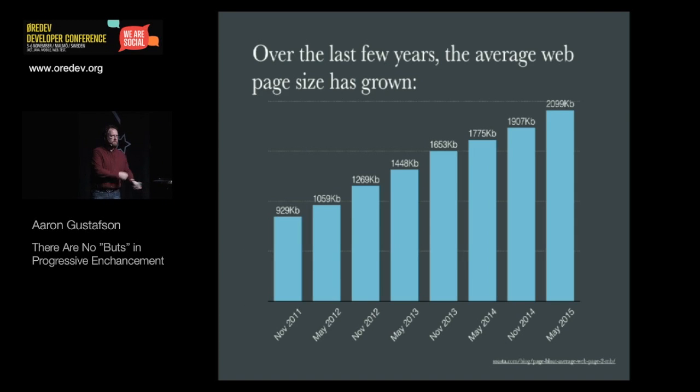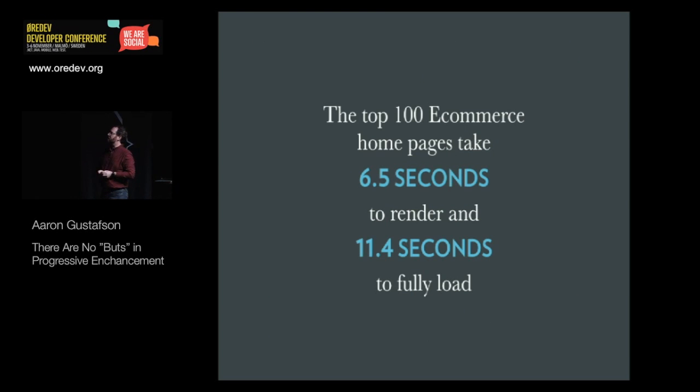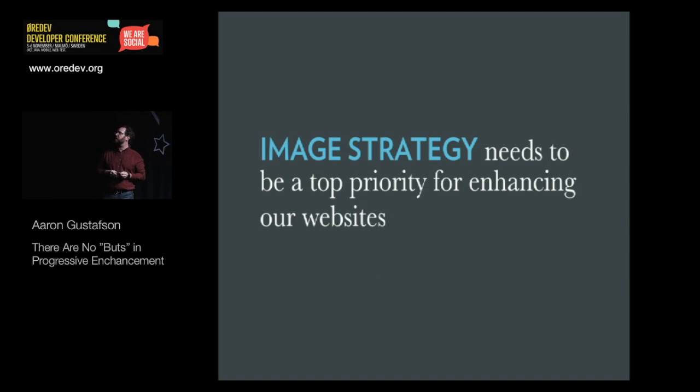But of course, our pages have been steadily growing larger and larger. So in terms of e-commerce sites, the top 100 e-commerce pages take, on average, 6.5 seconds to do their initial render and 11.4 seconds to fully load.